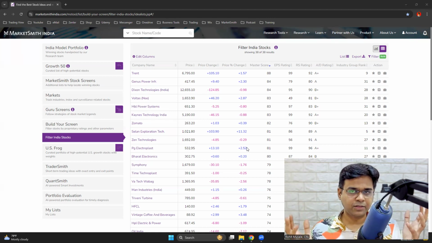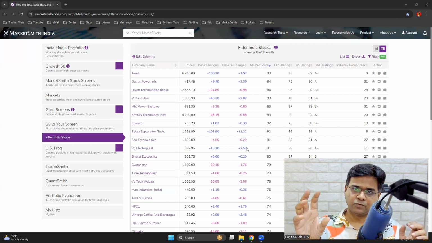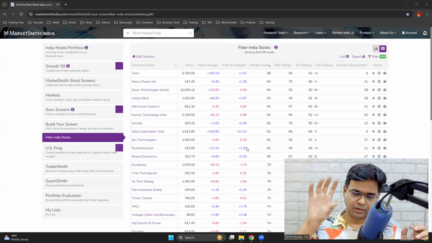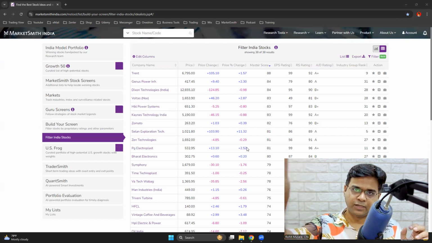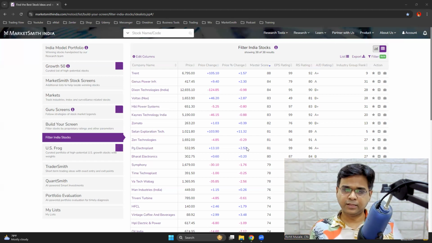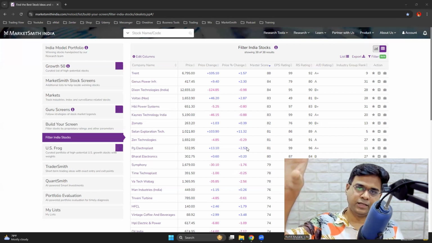Now, what is batting average? Well, it's a percentage of winning trades. So if I take 100 trades and 45 trades out of 100 go in my favor, then my batting average is 45. So the point is, if I pick stocks from the top 40 industries, okay, if the performance of these top 40 industries is better than the industry performance of all the other industries, they are in the top 40.